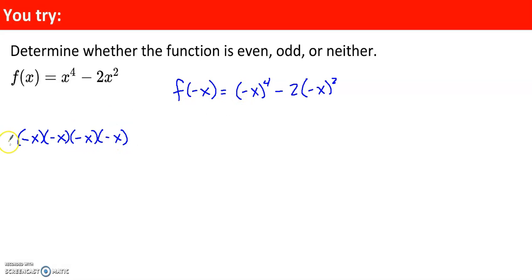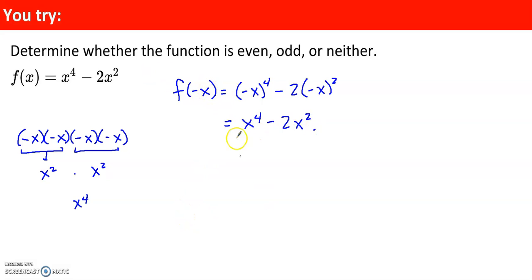Negative x to the 4th power, these two here would become positive x squared, because 2 negatives multiplied make a positive. And the same is true here. This is just x to the 4th, isn't it? Then I have minus 2, and negative x squared would be just positive x squared.